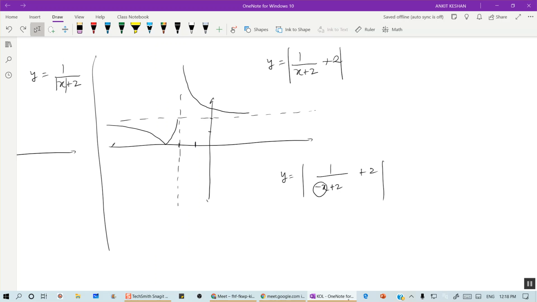So the left side of the graph will behave like the right side of the graph, and the right side will behave like the left. So this is 1, this is 2. We will draw a dotted line here.